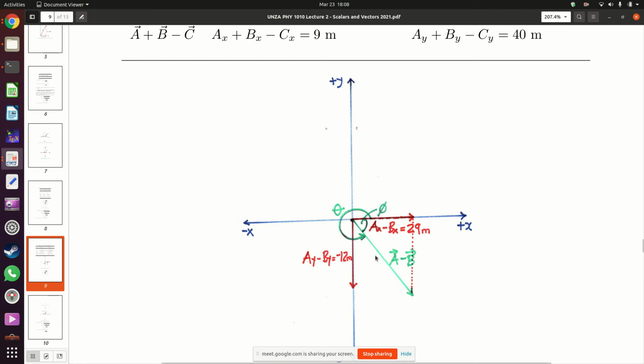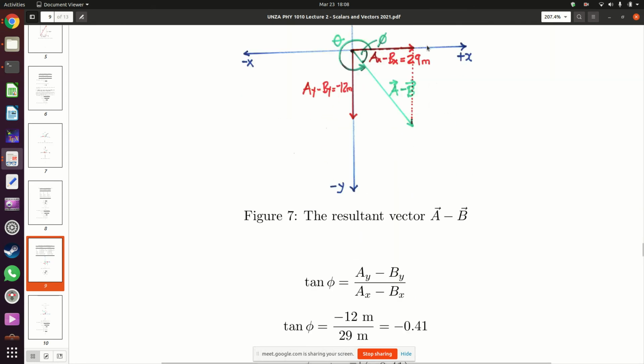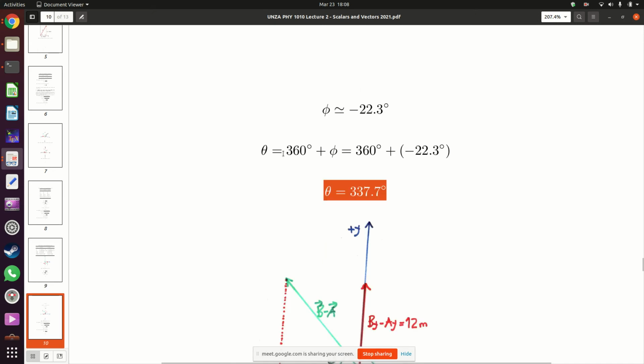You're going this way, like that. From the positive x-axis, you go under the positive x-axis like this. That's what it means when you have a negative angle. That's why we start from here, then go this way. That's why we do 360 degrees plus whatever the angle is, because the angle turns out to be negative.